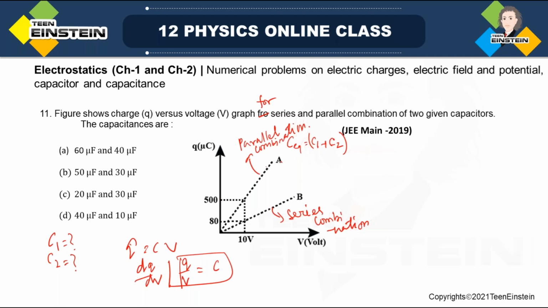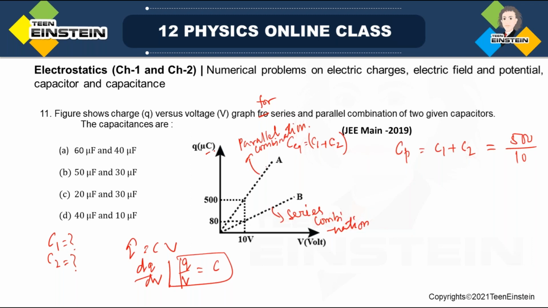See, for the graph A, parallel combination, what is the equivalent capacitance? Cp is equal to C1 plus C2. I'm writing Cp and Cs. Cp is equal to C1 plus C2. That is equal to Y by X. Y is 500 by 10.